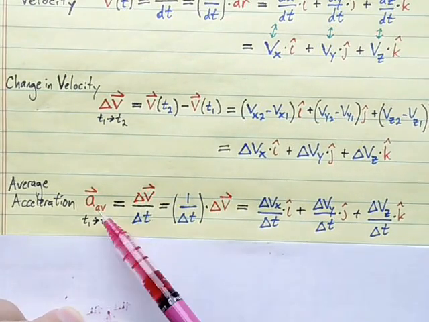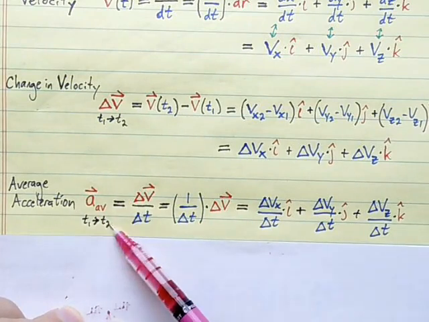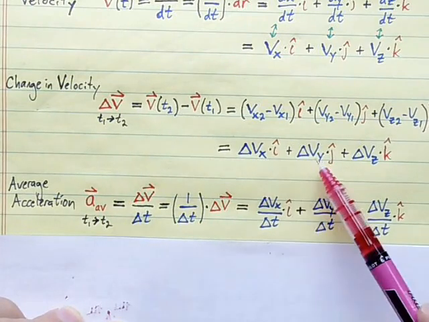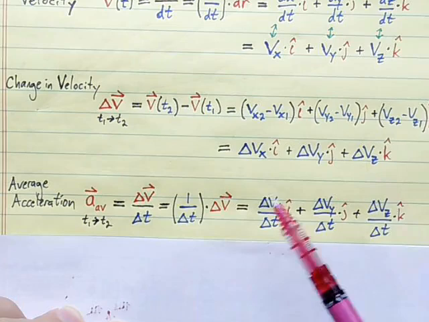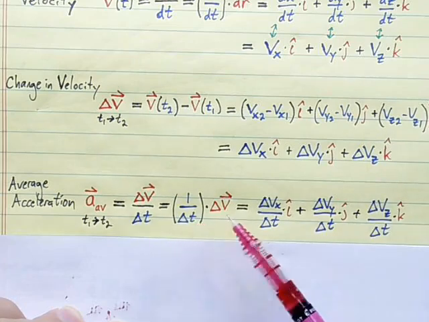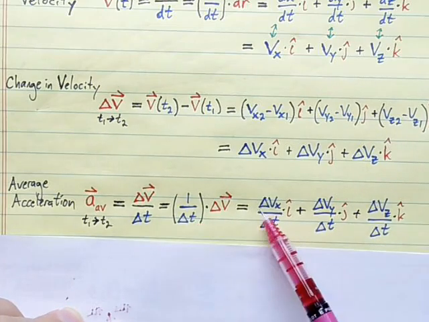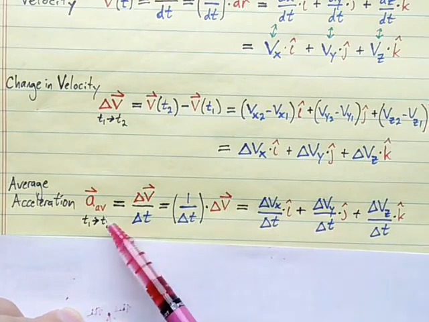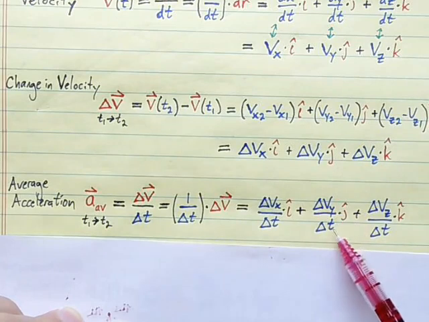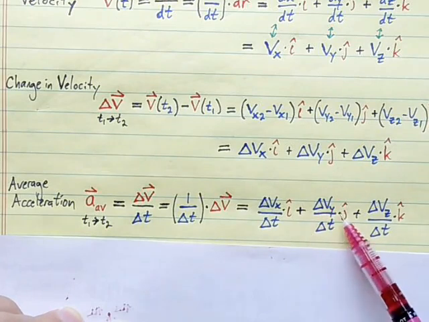So we get the components of your average acceleration vector by taking the components of your change in velocity vector and dividing them by the change in time. Hence, delta Vx over delta t is the x component of average acceleration, delta Vy over delta t is the y component of average acceleration, and so on.